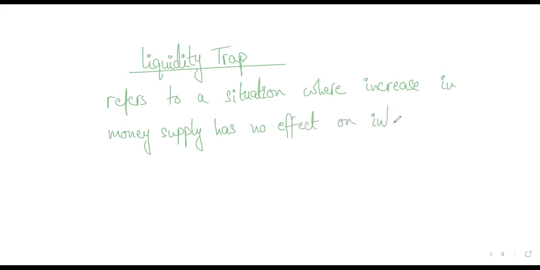So this means the central bank is not able to control the interest rates in an economy, right? So it's a very difficult situation in which a bank could be, right? Because if you cannot influence the interest rate, this means the monetary policy has become ineffective.